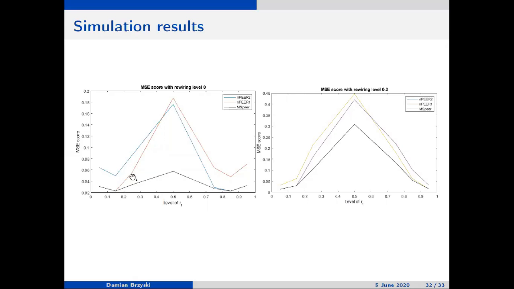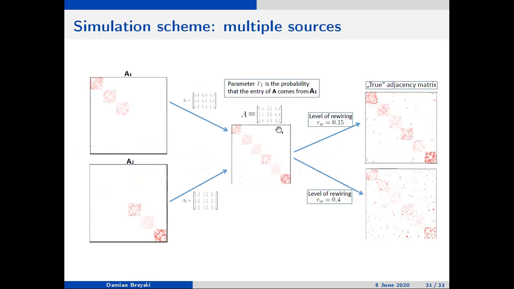And it changes completely when we go with this parameter r_t from 0 to 1. At the end of this path, the probability of selecting from the first matrix is huge. So this matrix in the middle is very similar to the first one, and even after some rewiring, it is still similar to the first one.